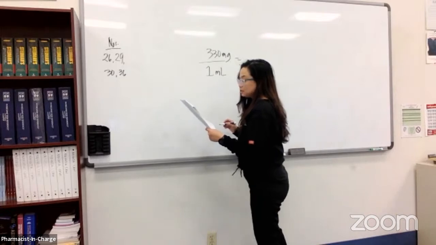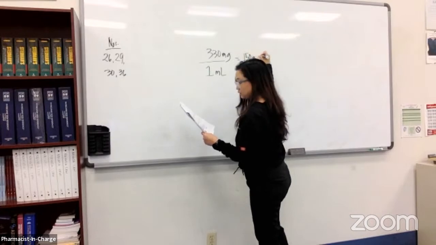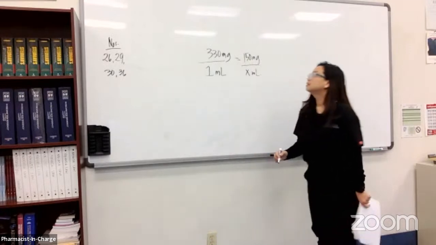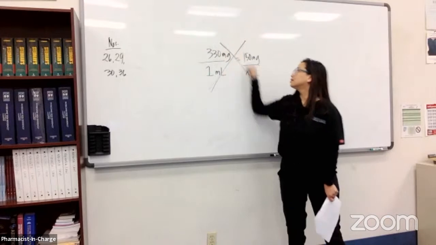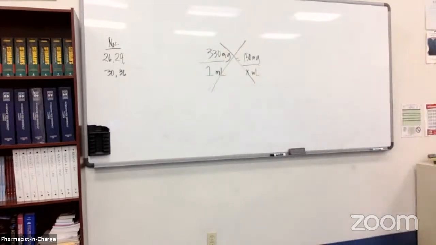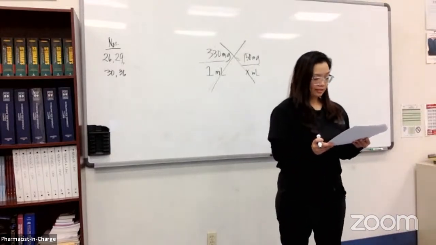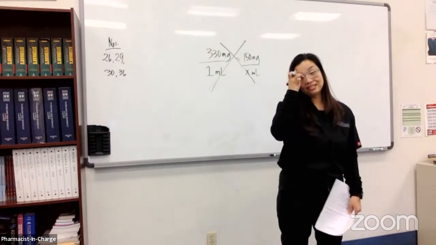But what is it that you have to give to the patient? 150 mg. 150 mg over X. Since it's ratio and proportion, cross multiply. Which is the 150? The order. You see the order right there? Oh, okay, got it. You have to pay attention to these details.